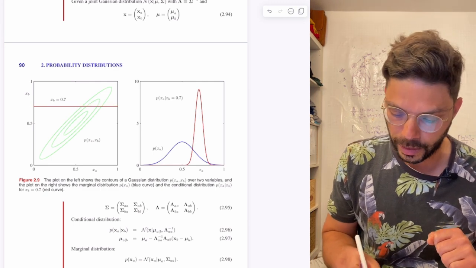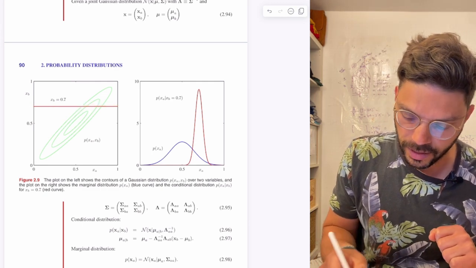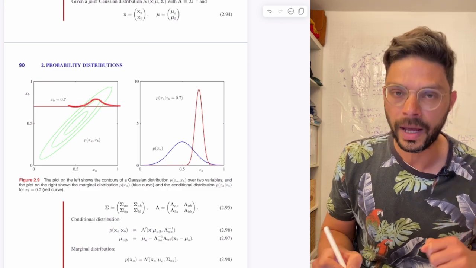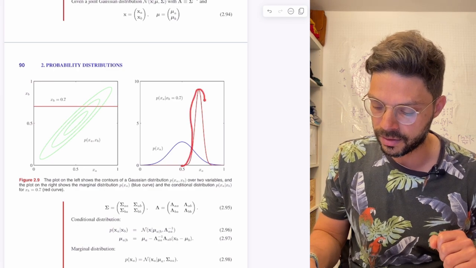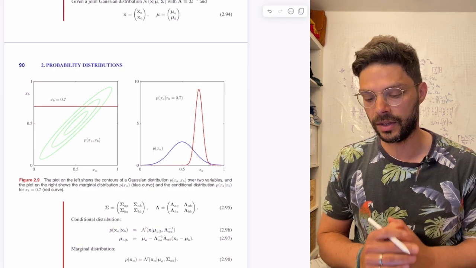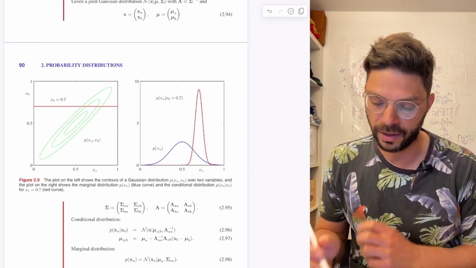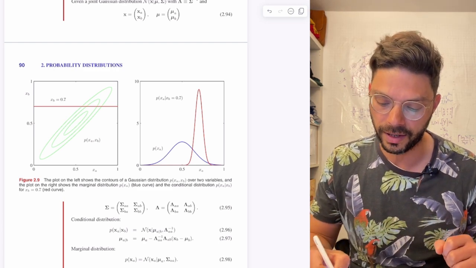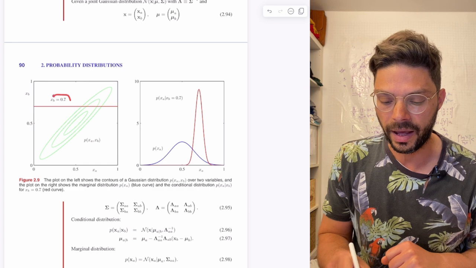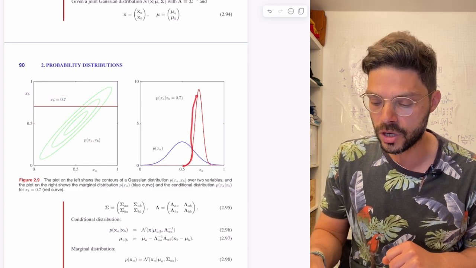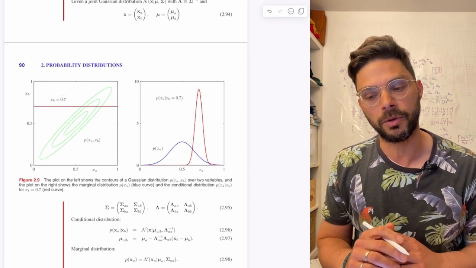You can see that when you cross this line, you can probably guess that we'll get a distribution that looks like this. And when you normalize it to sum to 1, you actually get this conditional distribution. The intuitive notion here is that these two variables are positively correlated. So if I tell you that x of b is 0.7, that's going to shift the distribution on x of a.